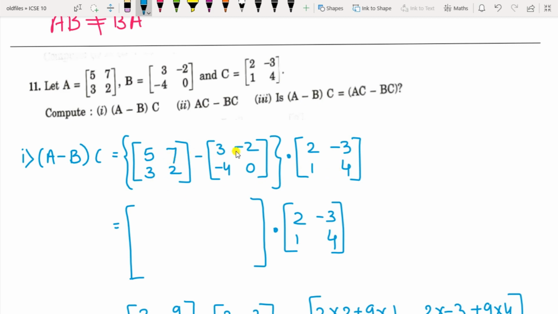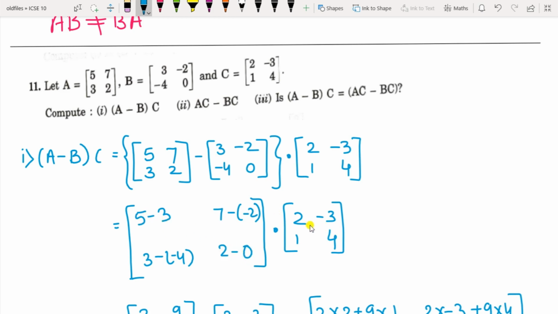So this is subtraction. Now between these two matrices, the operation inside the bracket is subtraction here. So subtract them. How to subtract? You have to subtract each element. So 5 minus 3, then 7 minus 2, then 3 minus 4 and 2 minus 0.